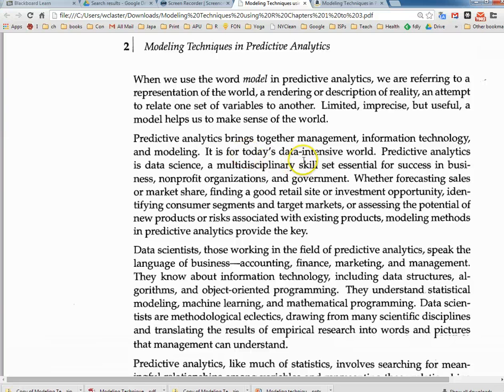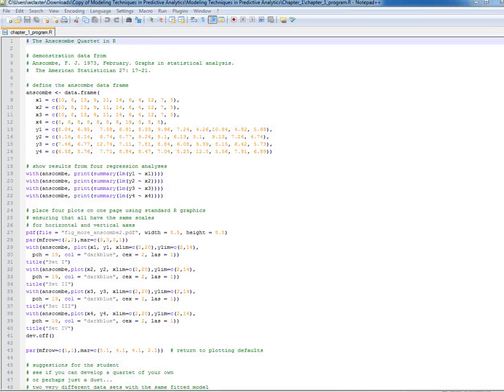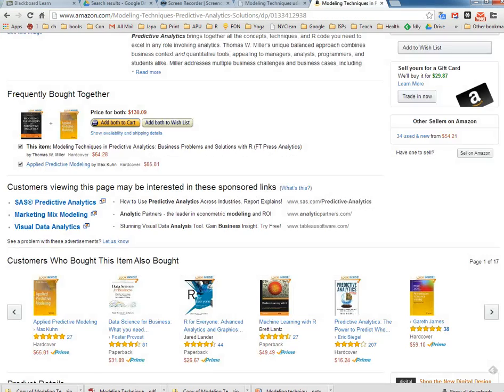It is for today's data-intensive world. Predictive analytics is data science, a multidisciplinary skill set essential for success in business, nonprofit organizations, and government. Whether forecasting sales or market share, finding a good retail site or investing opportunity, identifying customer segments and target markets, or assessing the potential of new products or risks associated with existing products, modeling methods and predictive analytics provide the key.